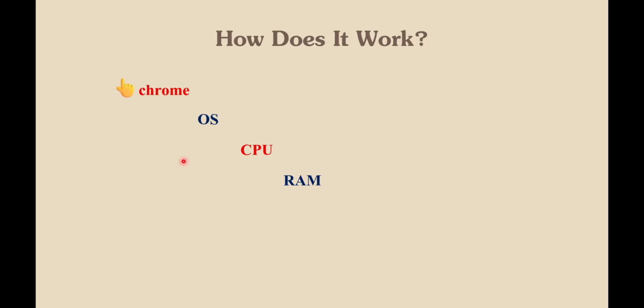It loads Chrome from the SSD and within a second, Chrome appears on your screen. Without the operating system, none of this coordination would happen. Think about this. Every app you open, that may be Instagram, YouTube, Spotify, or VS Code, whatever it may be, every single one goes through the operating system first.